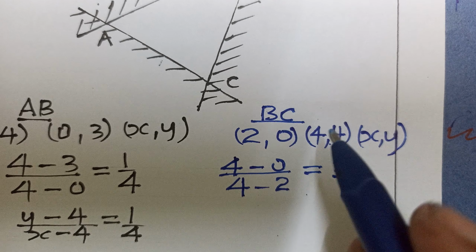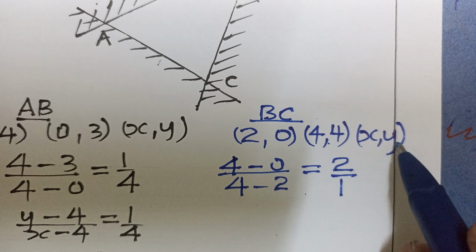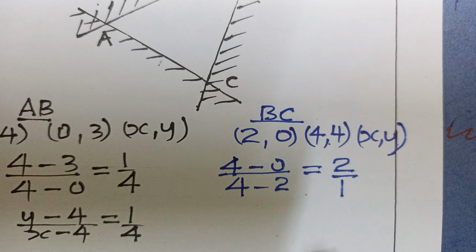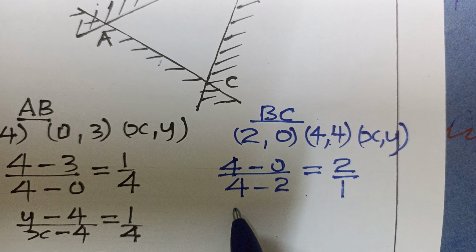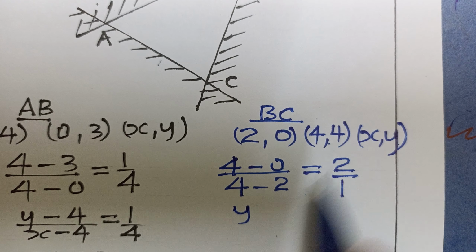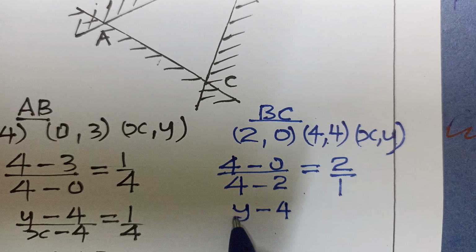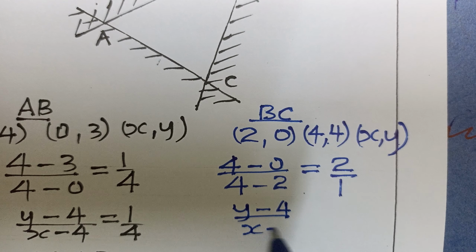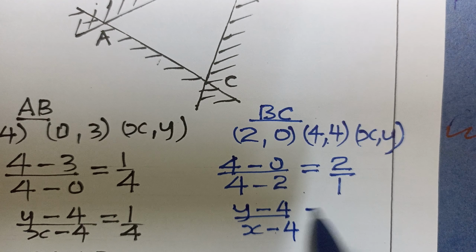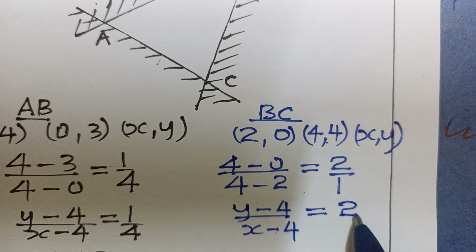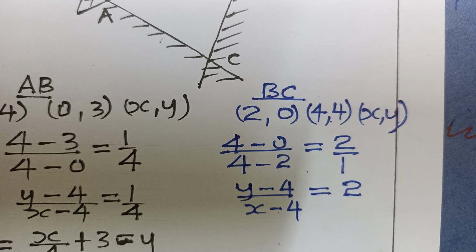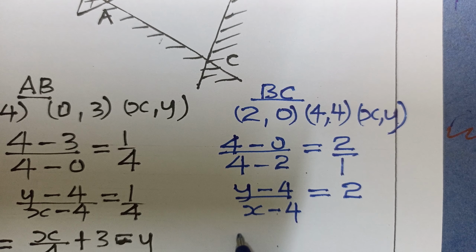And so therefore, guys, using x and y, a point on that line, we can get the equation of the line by saying y minus 4 over x minus 4 gives us 2. And when we evaluate this, the equation is going to be 2x.